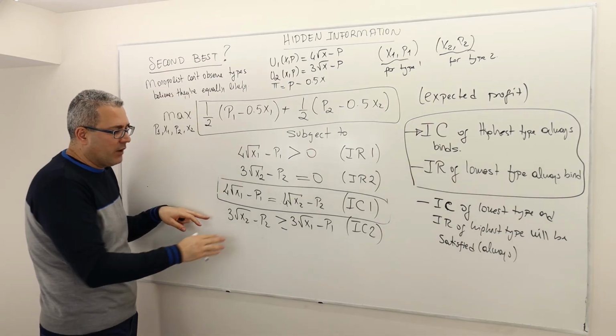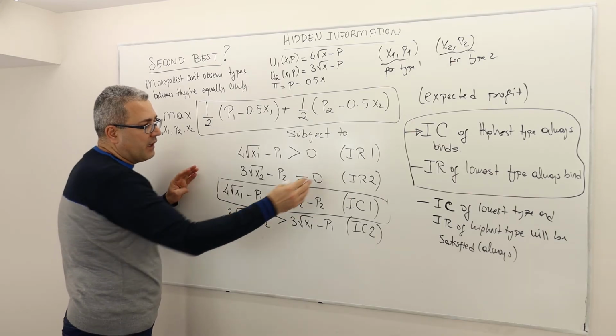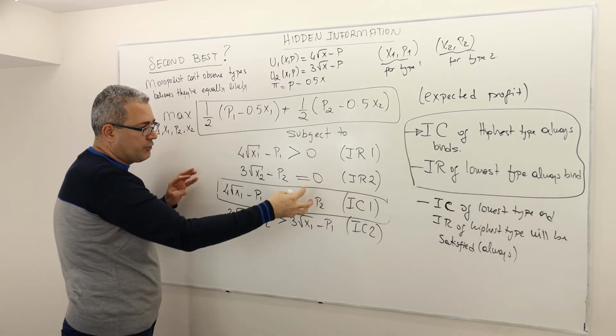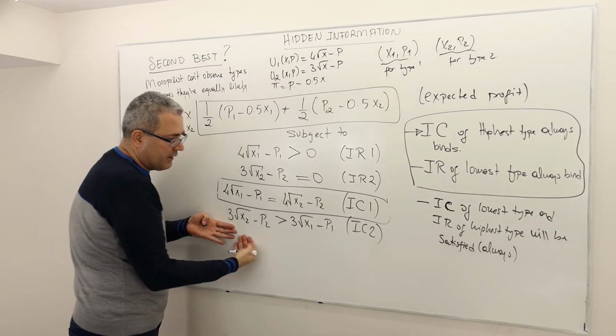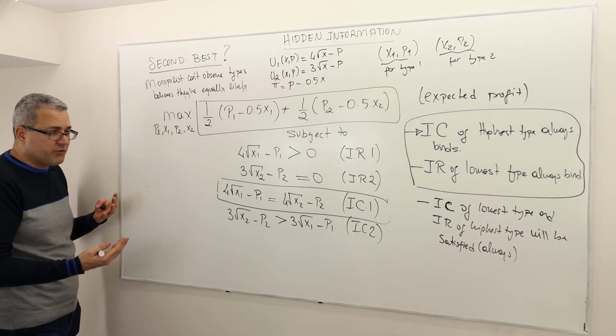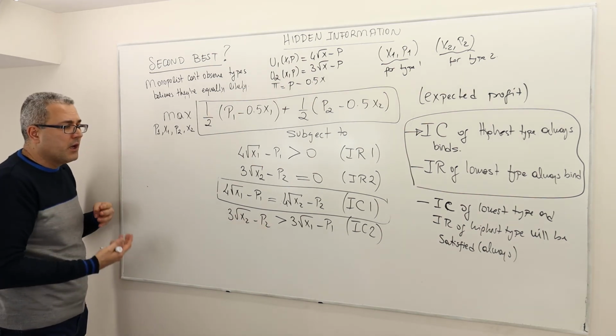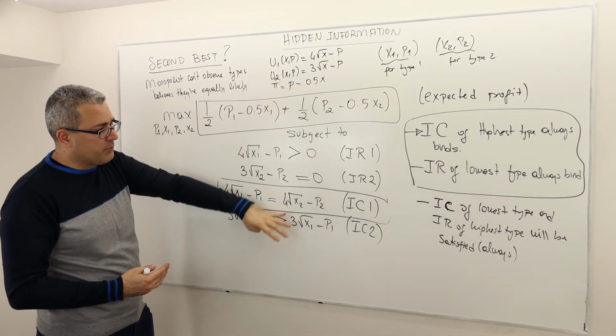And then finally, I want to show that this is true. Given that IR2 and IC1 are true and this one is true, how can I prove that this is going to be satisfied? So suppose for a contradiction, this is not true. What does that mean? Don't forget, this is an optimization problem.